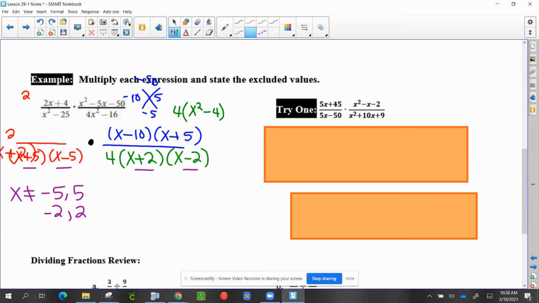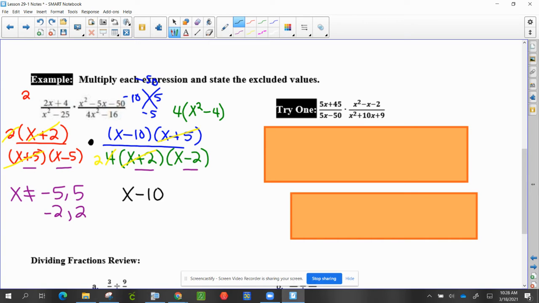So we have an x plus 2 on top and bottom, so I'm going to cross those out. I see an x plus 5 on top and bottom, so cross those out. I see a 2 can cancel with this 4 and become a 2. And that looks like all we have in common. So let's see. What's left on top is an x minus 10.